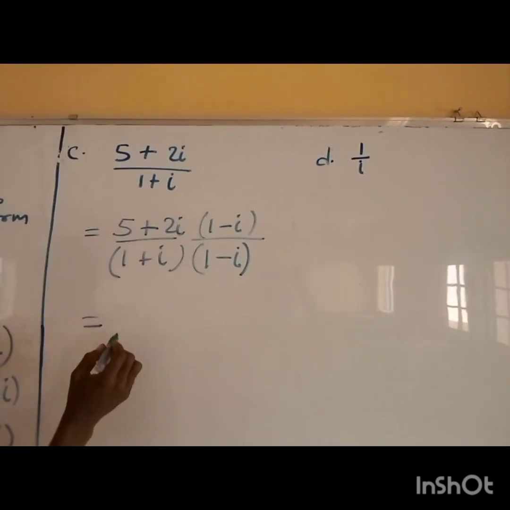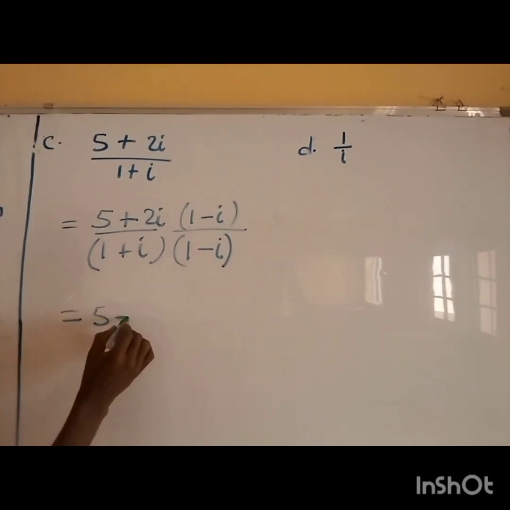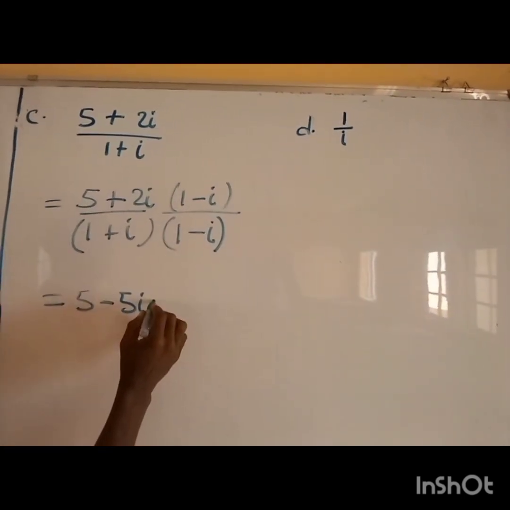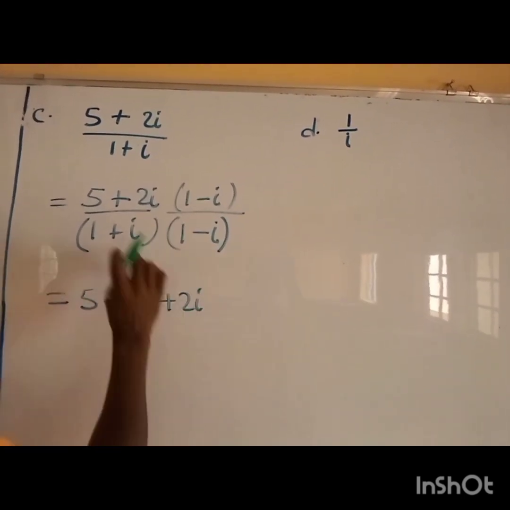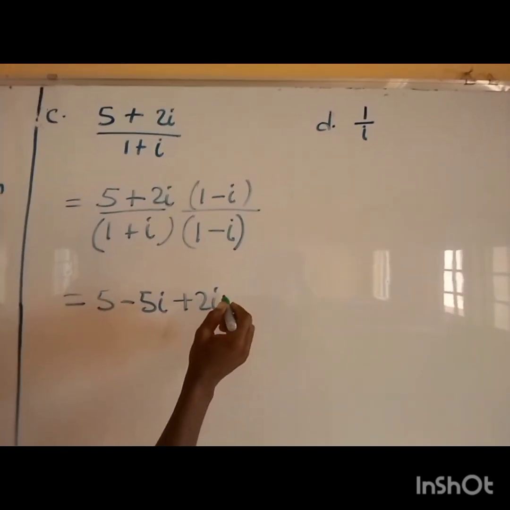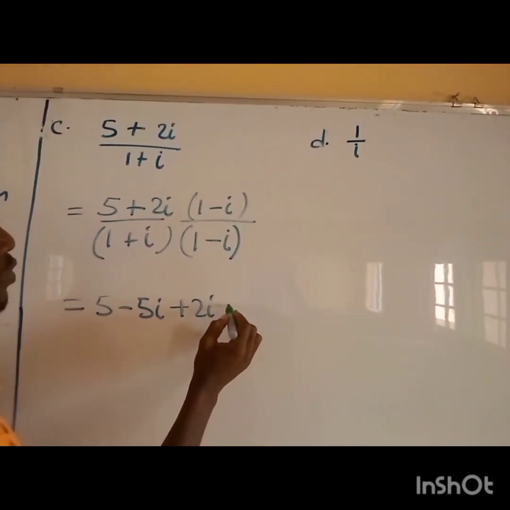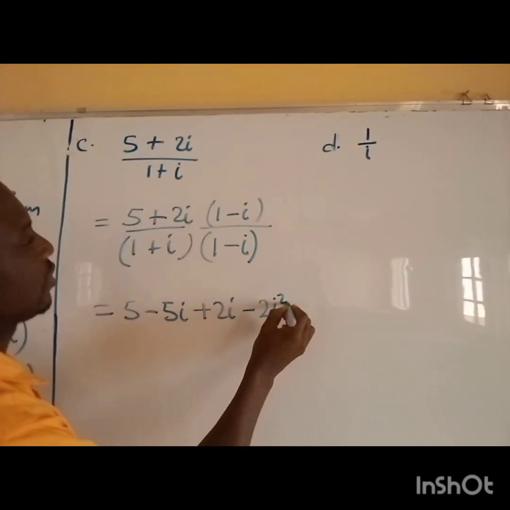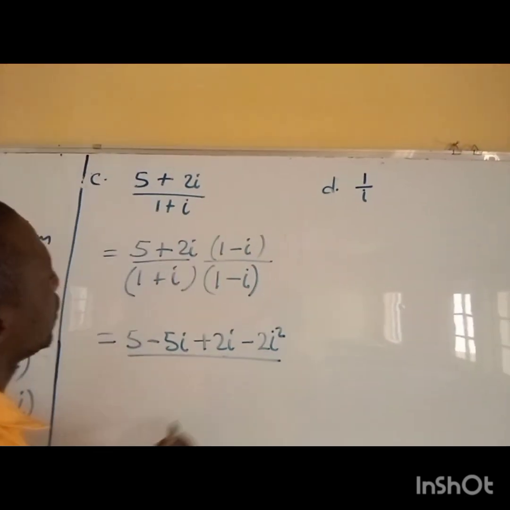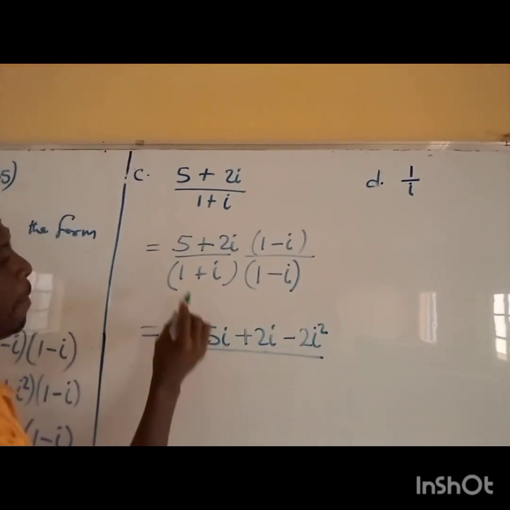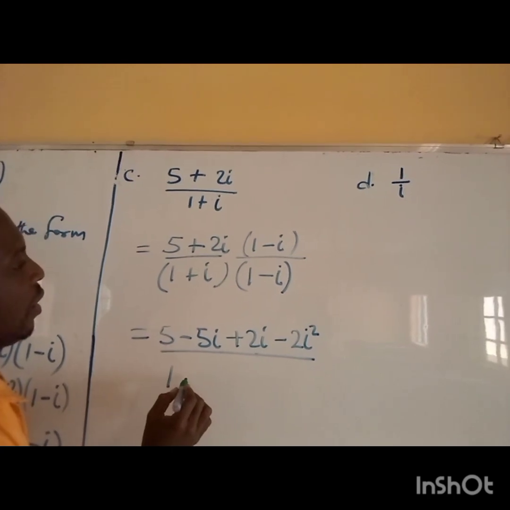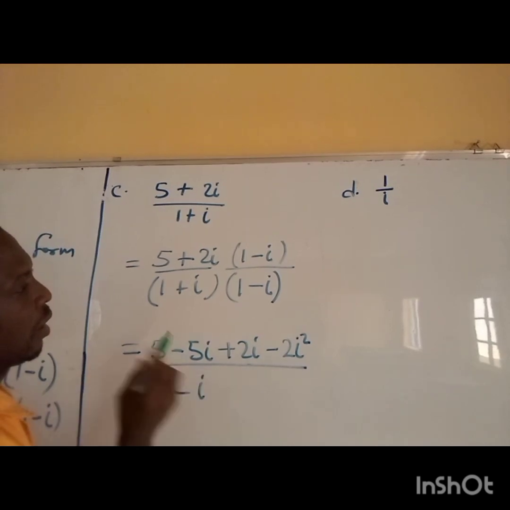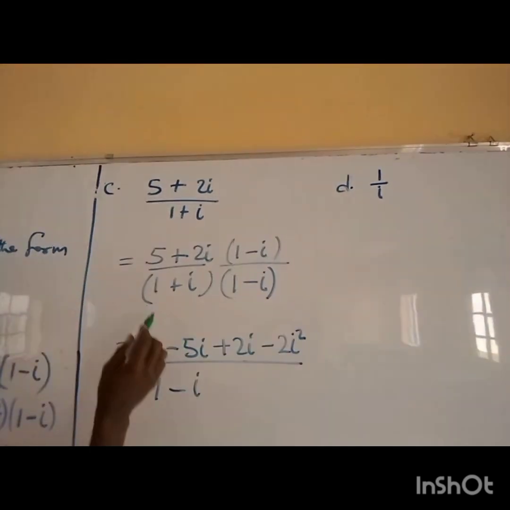5 times 1 will give us 5. 5 times minus i will give us minus 5i. 2i times 1 gives us 2i. 2i times minus i will give us minus 2i squared. 1 times 1 is 1. 1 times minus i is minus i.